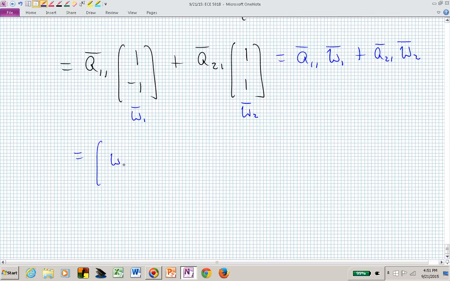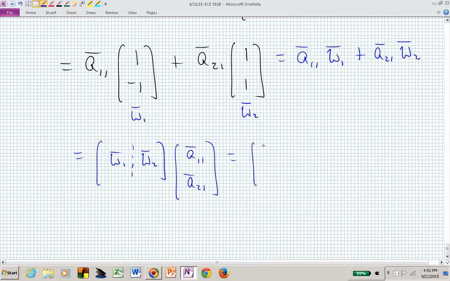Or this is W1 bar, W2 bar times A11 bar, A21 bar.